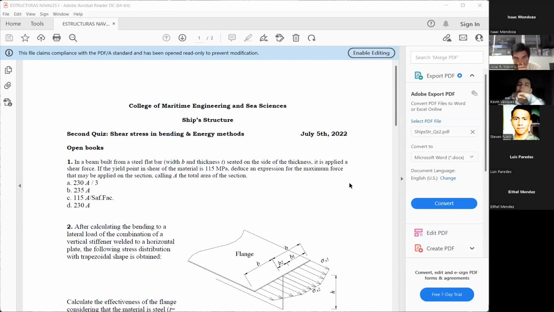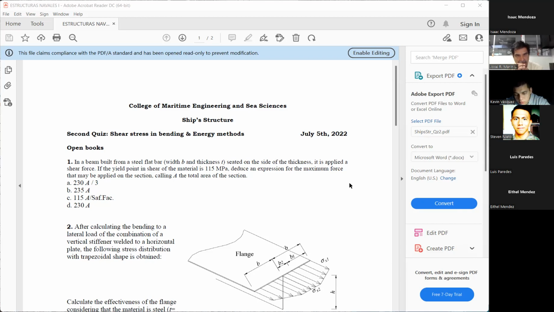Okay, doctor. In a beam built from a steel flat bar with width P and thickness T, seated on the sides of the thickness, it is applied a shear force.